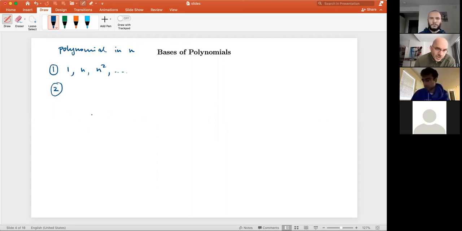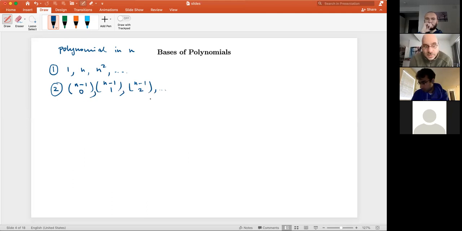But you just saw a different basis, and for reasons that will become clear maybe only tomorrow, I would like to write these binomial coefficients that you saw for the chromatic polynomials like this. I would like to think of N minus 1 choose something. So this is another basis.